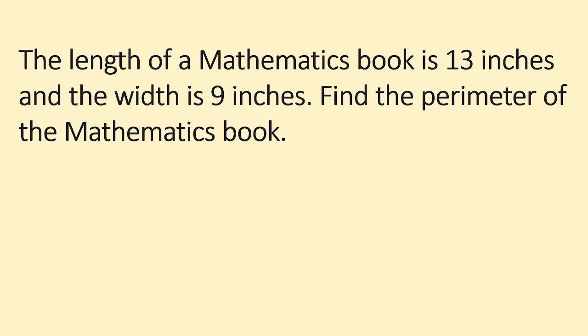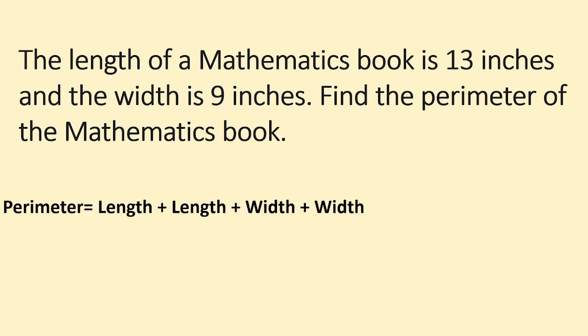Another problem. The length of a mathematics book is 13 inches and the width is 9 inches. Find the perimeter of the mathematics book. First, we are going to write the formula.